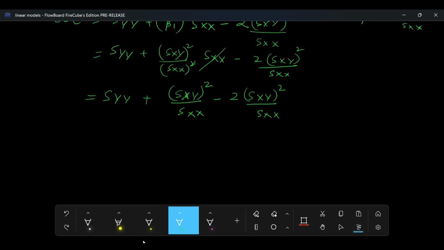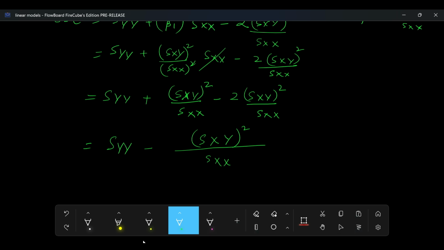So now this is also equal to SYY plus SXY square upon SXX, the base is the same, that's SXX. So 1 SXY square minus 2 SXY square. This becomes minus SXY square. Clear?